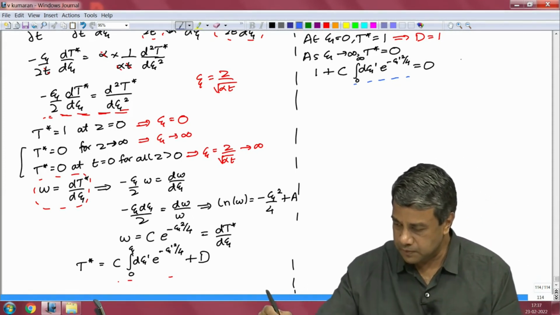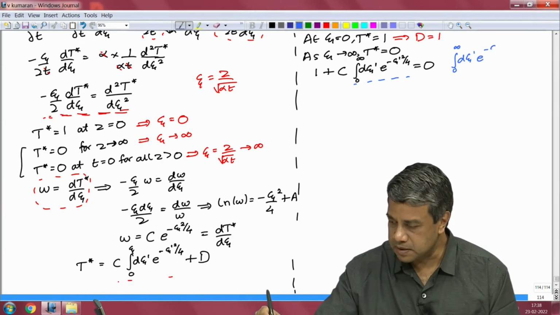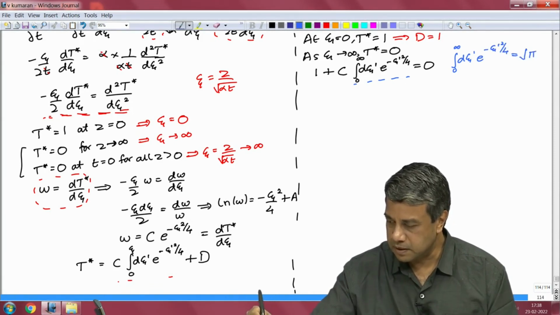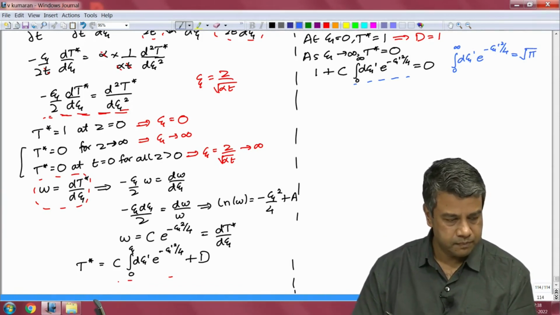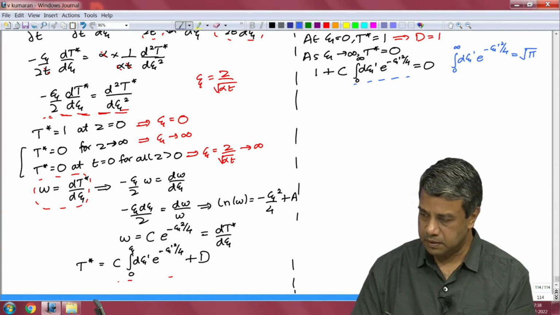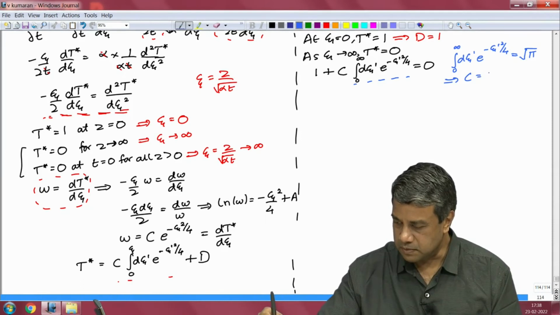The integral 0 to infinity d psi prime e power minus psi prime square by 4 is equal to square root of pi. Which implies that c is equal to minus 1 by root pi.